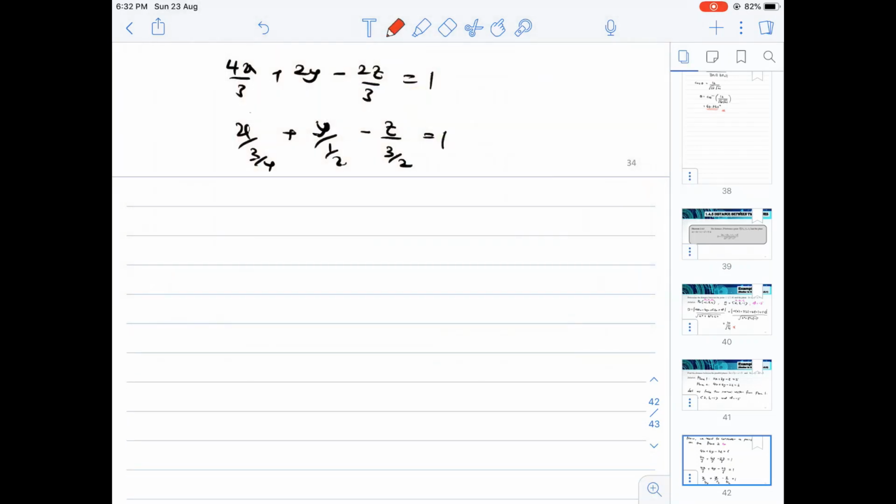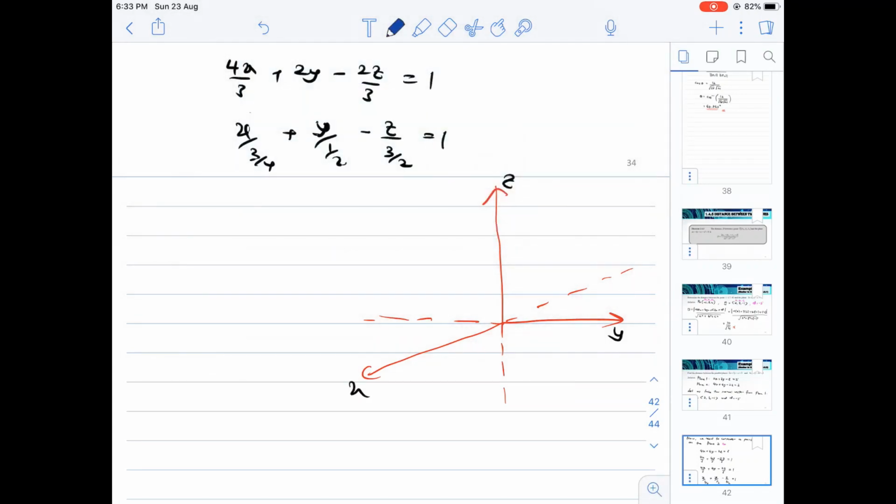So the plane should look like this. We have x, y, and z.